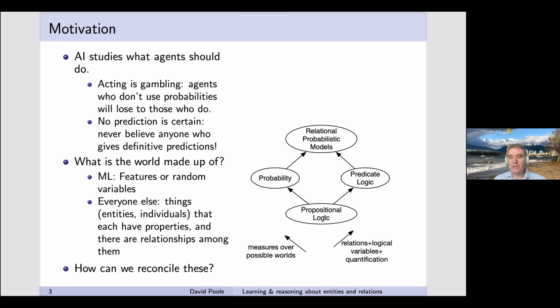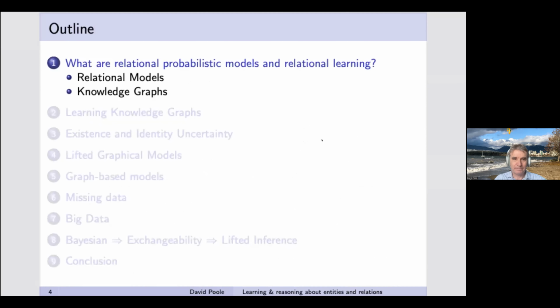From a logical point of view, you could start off with propositional logic. You could add relations, logical variables and quantification to get predicate logic, or you can add probability, and we want to add both. We're not content with just probability over propositional logic, or just predicate logic with no uncertainty. We're interested in making probabilistic predictions about entities and relations.